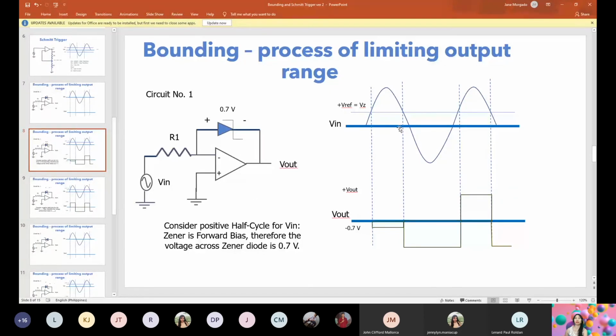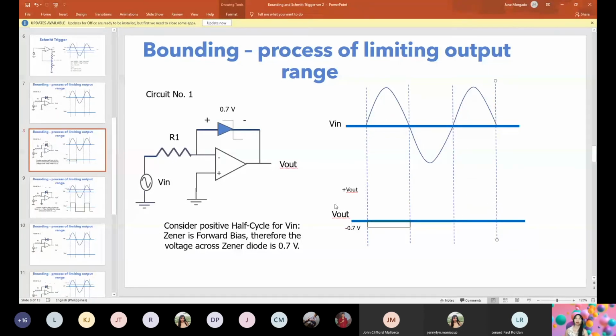How about for the negative half cycle? Again, during the positive half cycle, the Zener is in forward bias, therefore the voltage across the Zener is 0.7 volts, with positive at the anode and negative at the cathode.